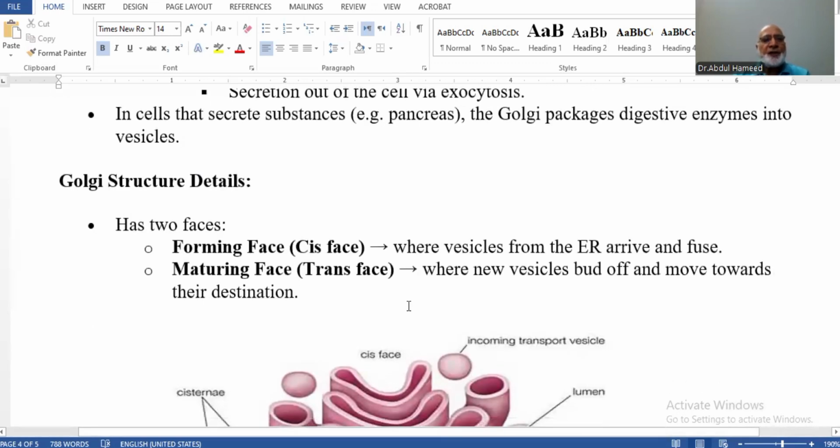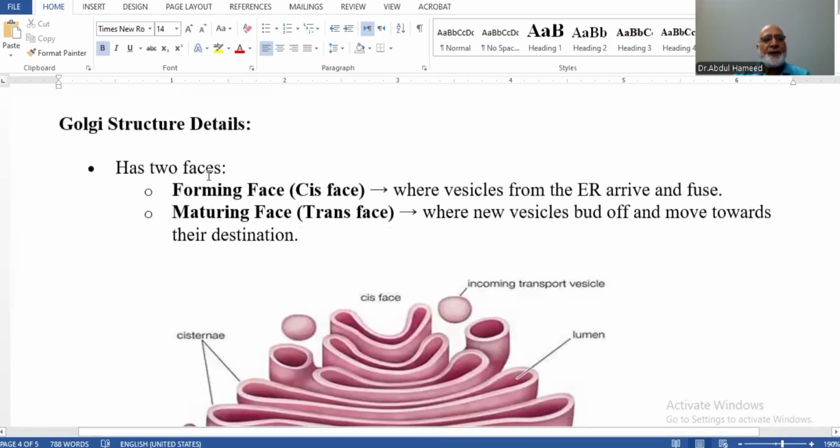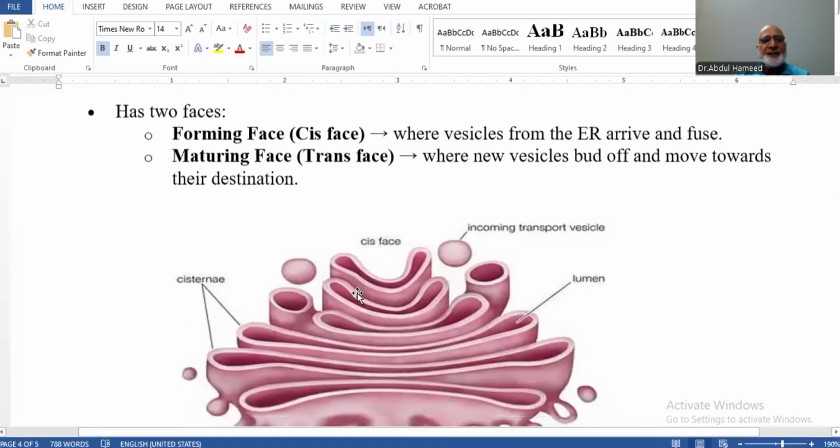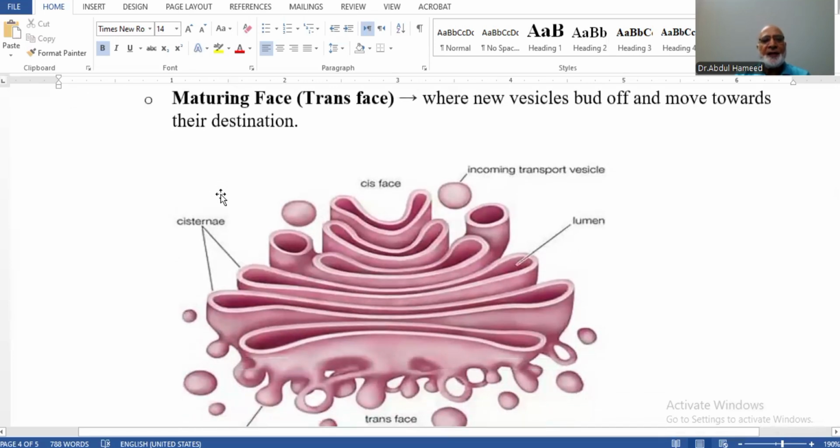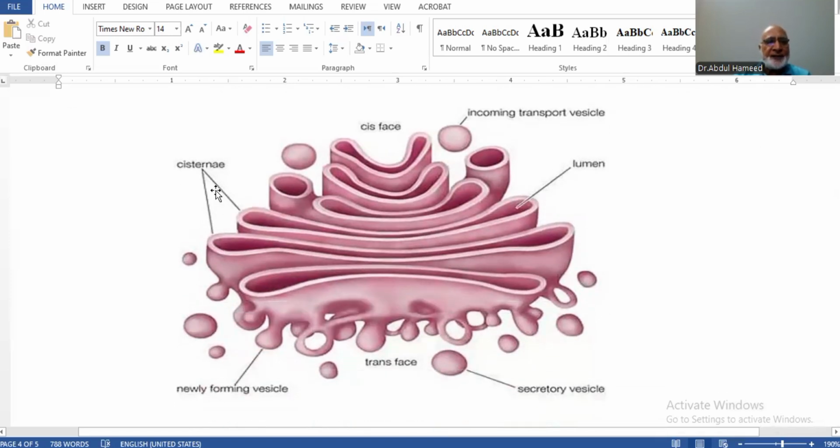The Golgi structure in detail has two phases: the forming phase, also named the cis phase, where vesicles from the ER arrive and fuse with the cisternae; and the maturing phase, also named the trans phase, where new vesicles bud off and move towards their destination, whether within the same cell or out for export. So these are the cisternae.